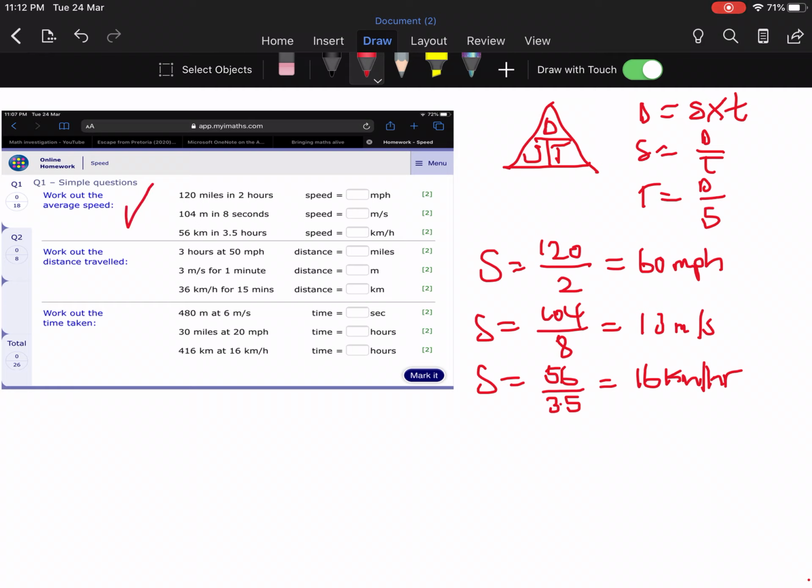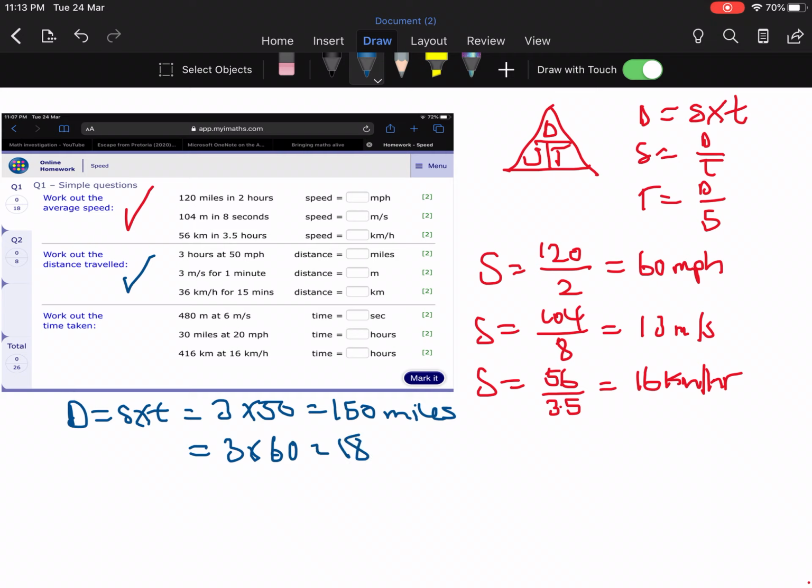It's speed times the time, which is 60, so it's 180 meters. And the last one, got to be careful again because it's in hours and that's 15 minutes, so it's speed times, and 15 minutes is a quarter of the hour, so it would be 0.25, which is 9 kilometers.